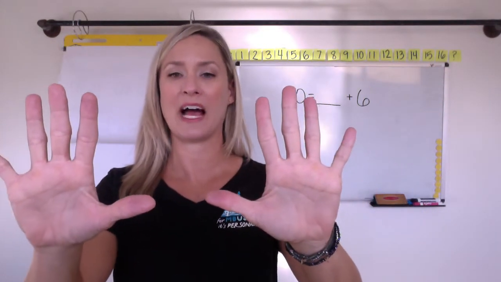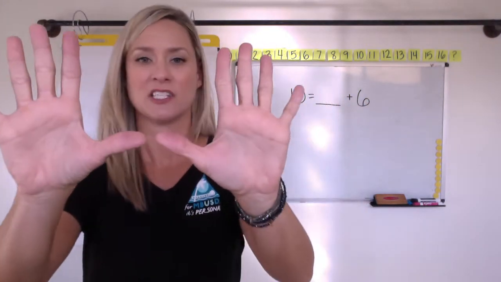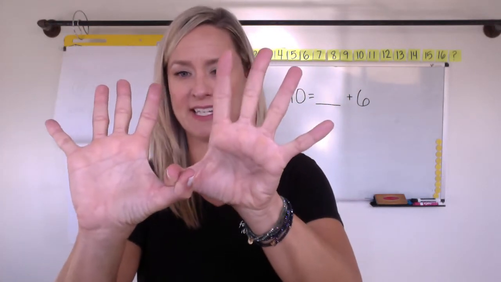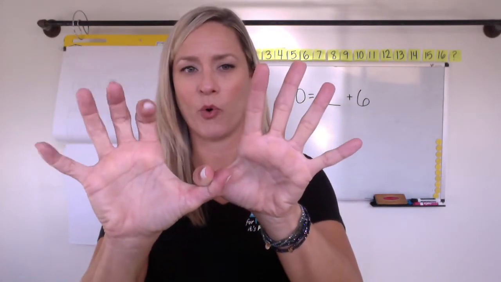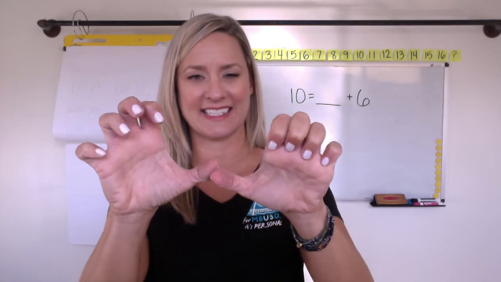So if you have 10 and you have 6, we already know we have 6 right there, right? So we've got the 5 and then the 1 more. These are like my 6 right here. There would be 4 left, right? It's almost like I'm making a bird there, huh? Okay, so 10 equals 4 plus 6.